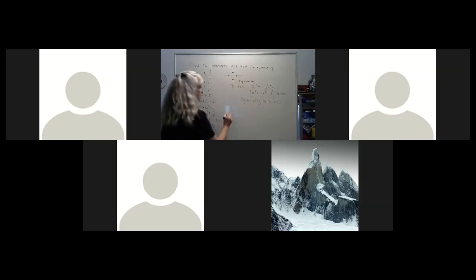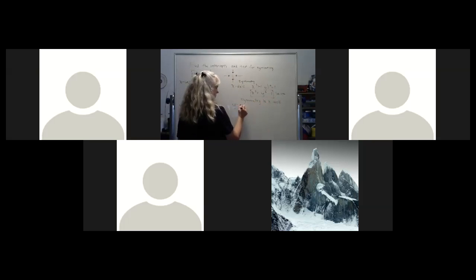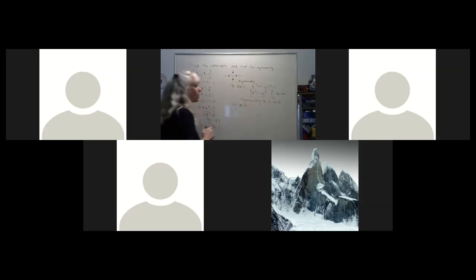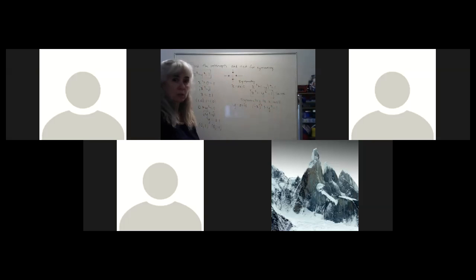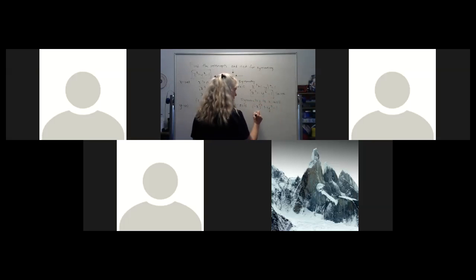Okay, what about the y-axis? So this time we're going to replace x with a negative x. Good job. So replace our x with a negative x, but because we're squaring it, we can see that it's not going to change anything because a negative number squared is positive.